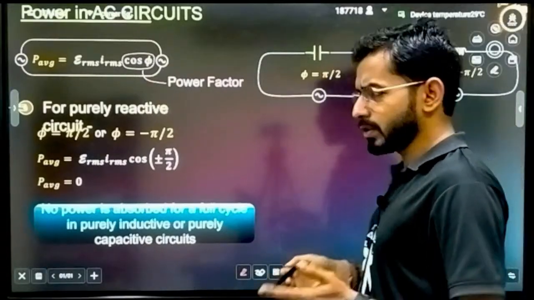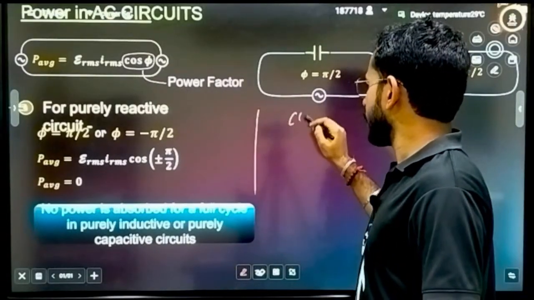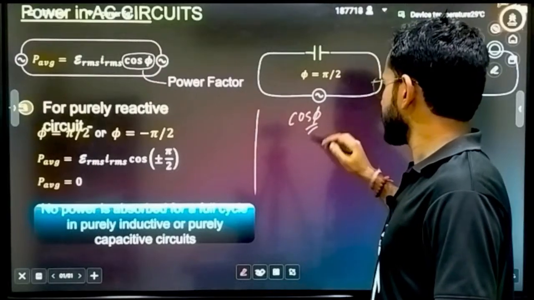There is a different way also to define it: first calculate the phi angle.